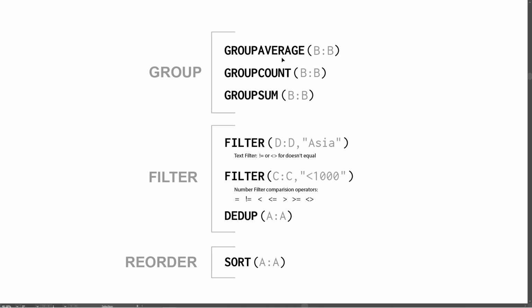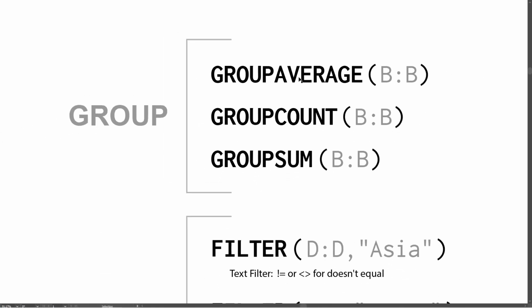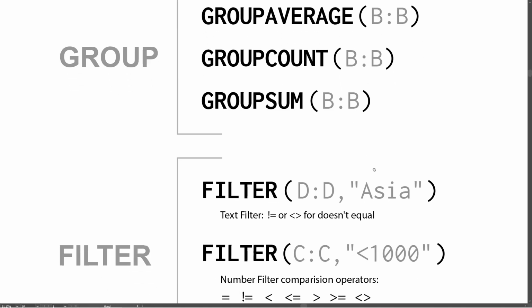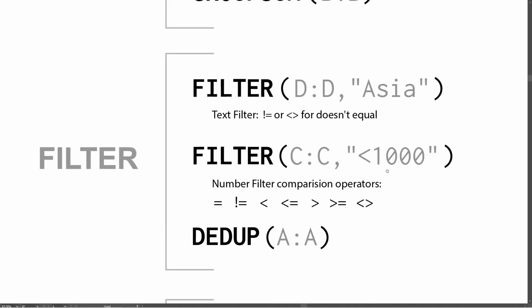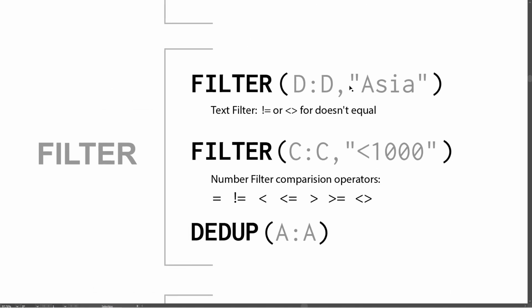Let's drill in for a minute on some of the main recipes that you'll find useful for pulling together charts. Grouping is typically done for pie charts, bar charts, horizontal bar charts, these kinds of things where you're summarizing data. Another very common one is filtering, where you want to boil down different aspects. Like if you're doing a bubble chart, you may want to filter out one area, or you only want to look at a subset of the data.